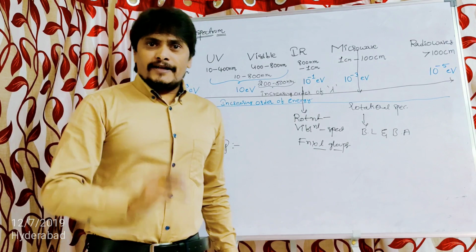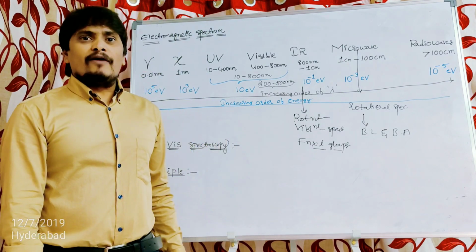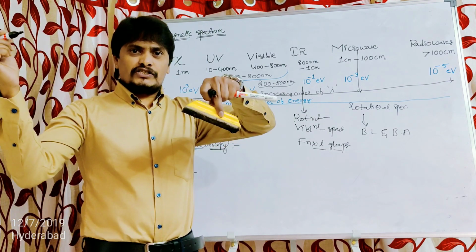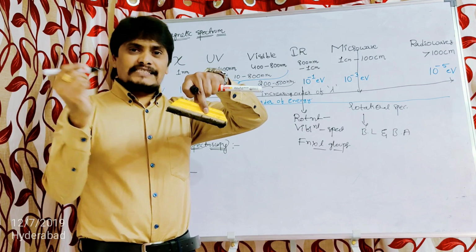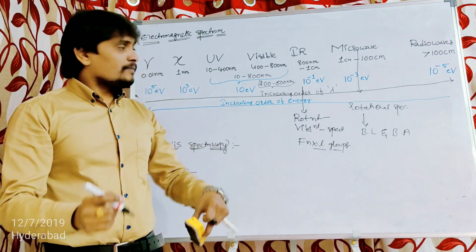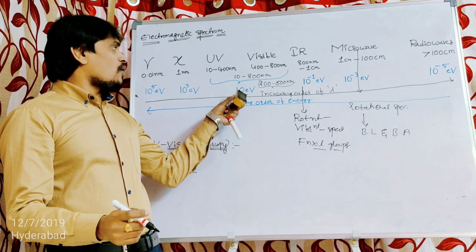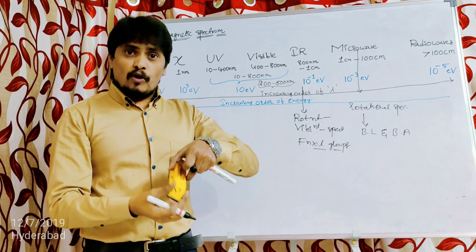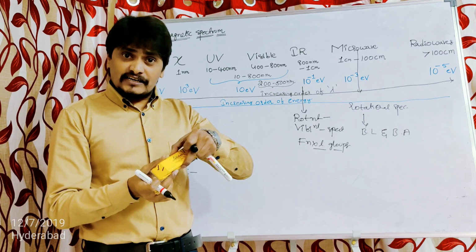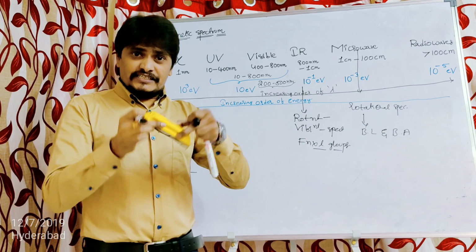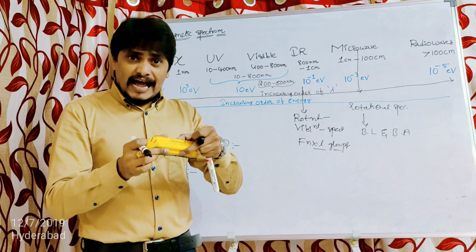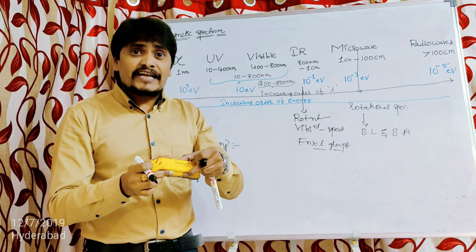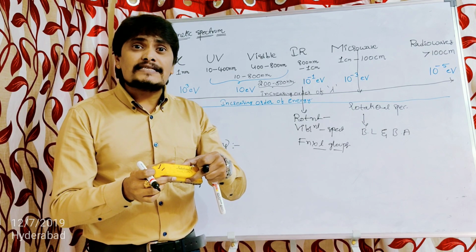Now, I have already said, students, that whenever UV visible radiations are passed to the sample, as these are highly energetic because their energy is around 10 electron volt, rotational changes occur, vibrational changes occur, along with that the electronic transitions take place.